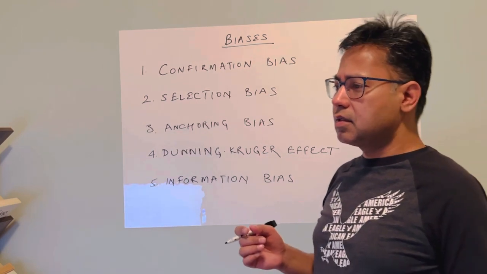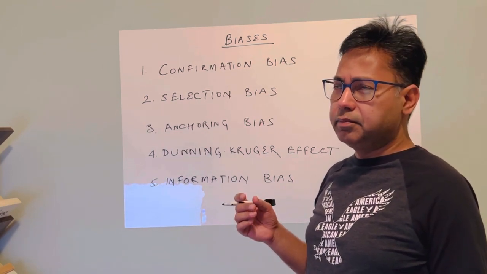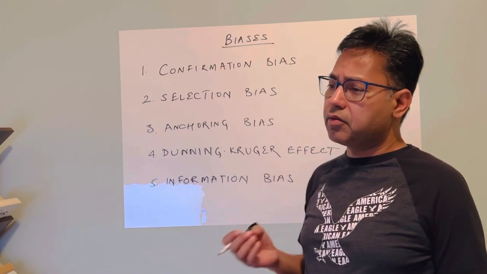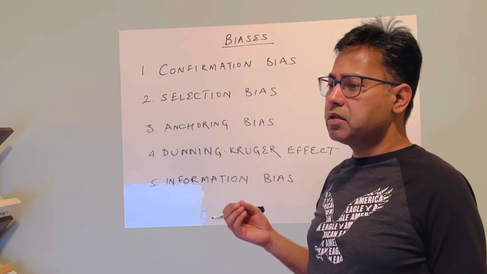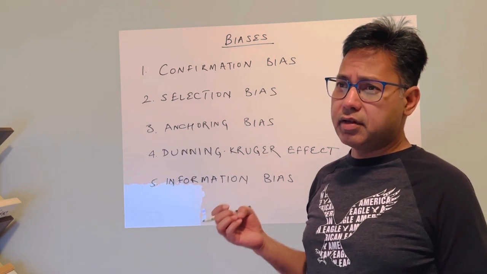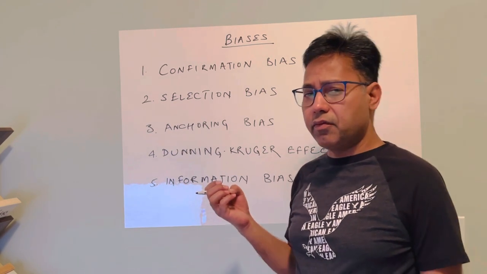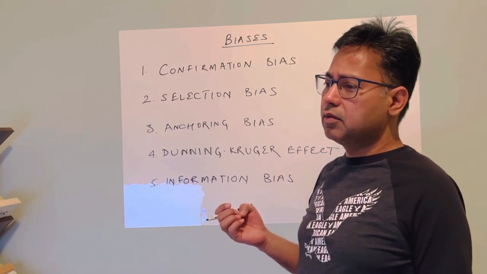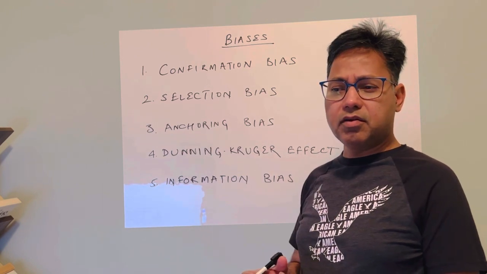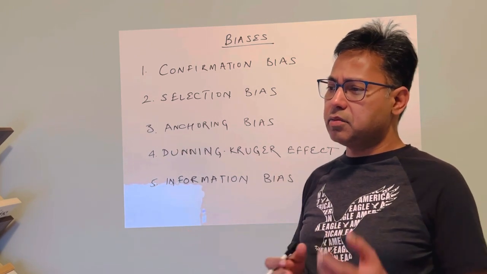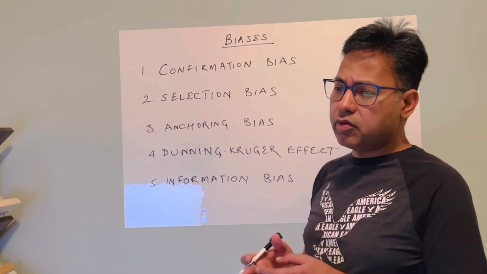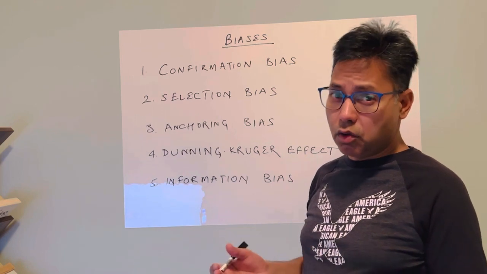Anchoring bias is essentially when we tend to rely too much on, or remember, the first piece of information that we received, and base all our subsequent judgments or opinions on that first piece of information, rather than trying to evaluate all the information we have as a whole.